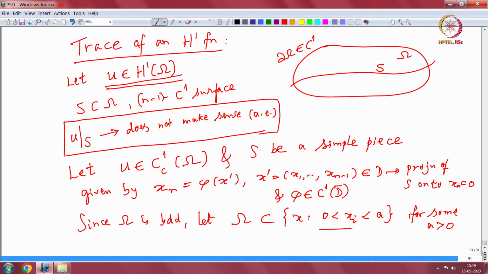You will see in a minute why we are doing that. Of course, we can always translate omega to achieve that. It is also for ease of writing. So, that means for example, this phi is positive. Since omega sits here, this S also sits there, so phi is positive.